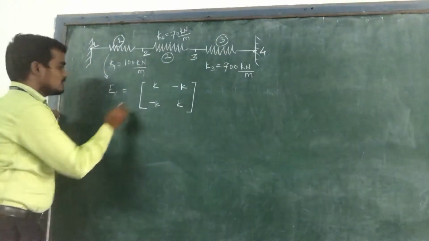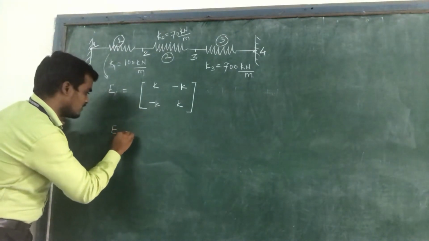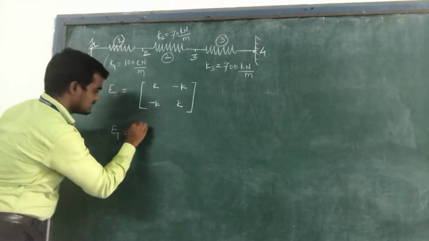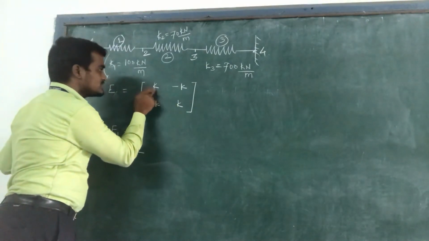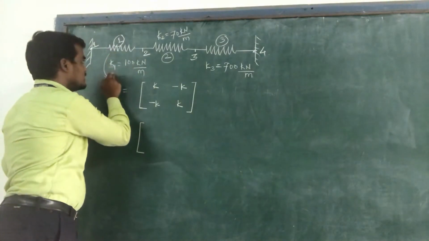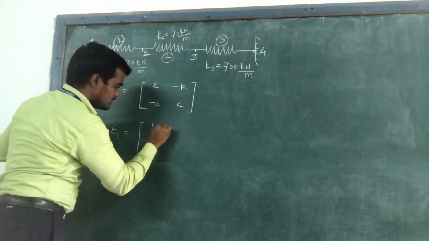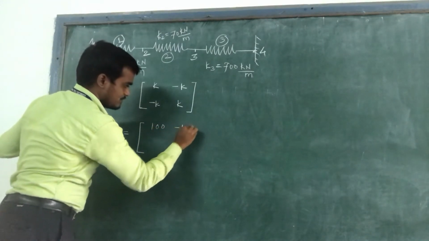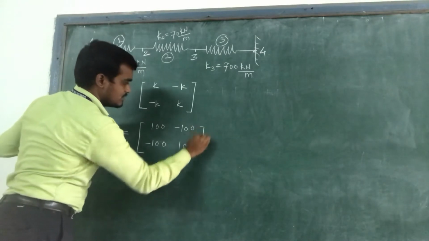From this we write the elemental stiffness matrix E1 for the first element. Instead of K, the value of K for spring element 1 is 100 kN per meter, so it becomes 100, minus 100, minus 100, and 100.